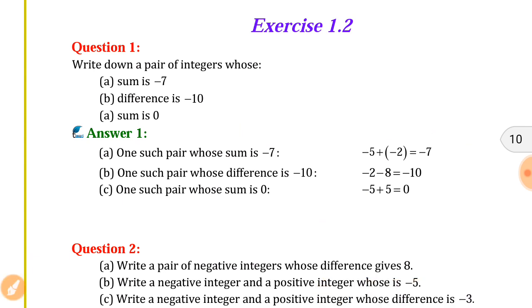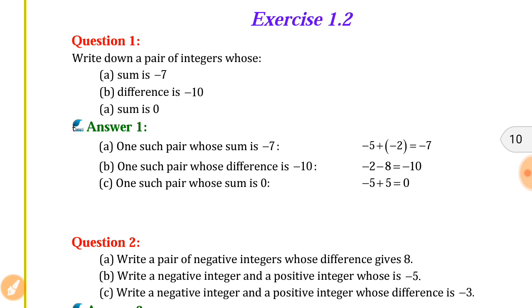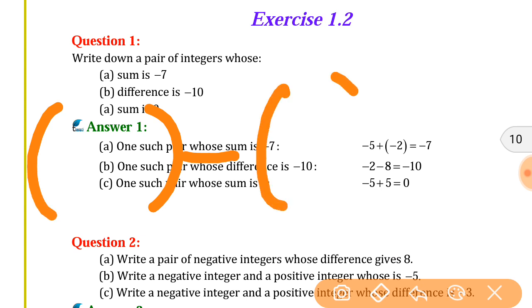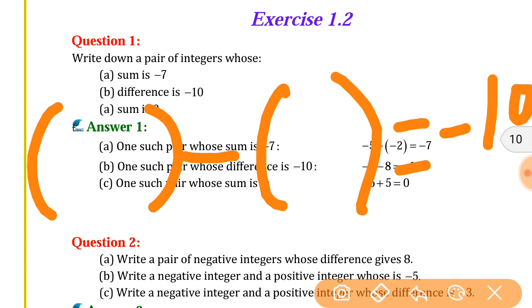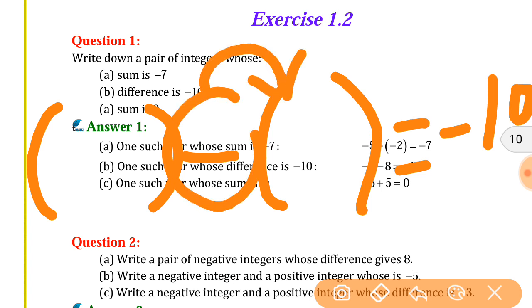Next, go for the difference, which should be minus 10. Difference should be minus 10 in the sense that there is a subtraction between the two integers which gives minus 10. Keep it in mind: if the difference is negative, and there is a minus sign, then the number after it should be positive.